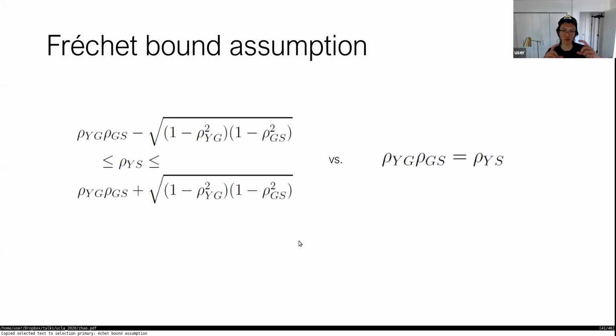So if you just write out the 3x3 correlation matrix between Y, G, and S, and you use the fact that it has to be positive definite, then you can work out this relationship.